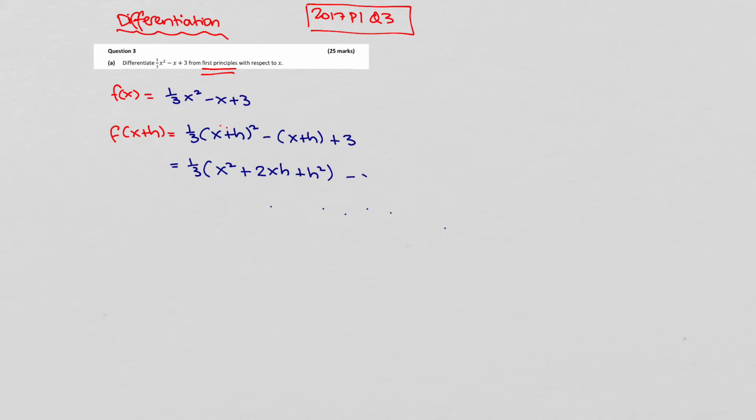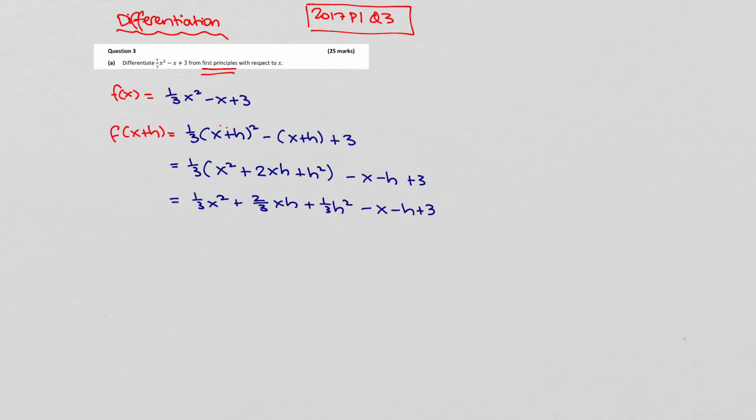And then it's minus times x plus h, so that's minus x minus h plus 3. So now I'm going to multiply out the 1/3, so that's a third x squared plus 2 over 3 xh plus a third h squared minus x minus h plus 3.